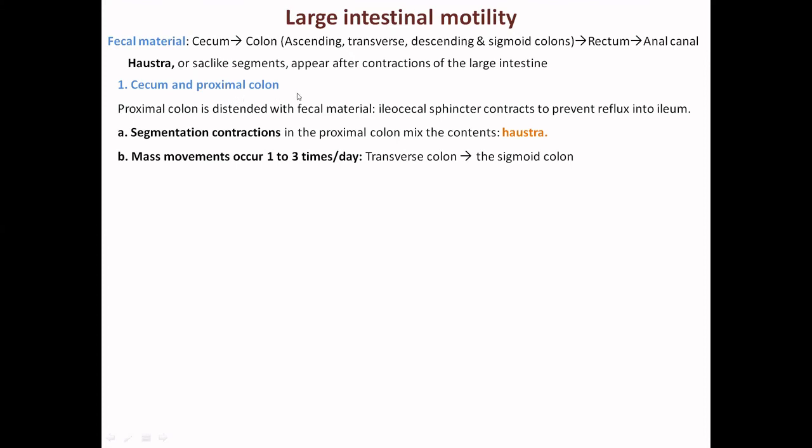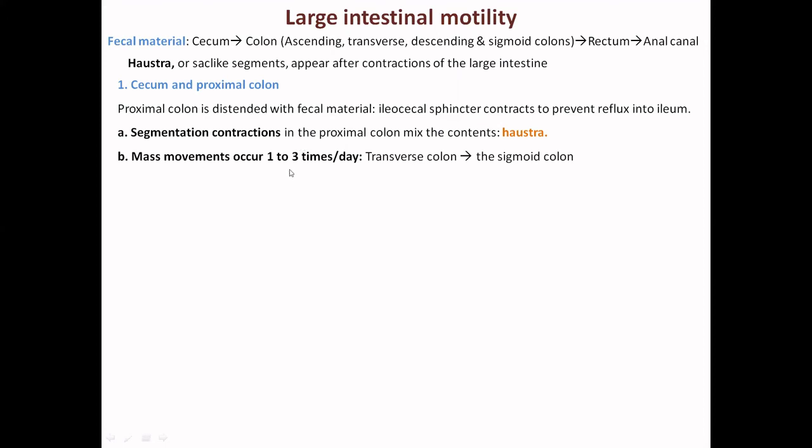Then in the cecum and the proximal colon, the proximal colon is distended with the fecal material. The ileocecal sphincter contracts to prevent reflux into the ileum, so that the content will not move back into the small intestine. And the segmentation contraction in the proximal colon mixes the content. Because of that segmentation, haustra are possible.